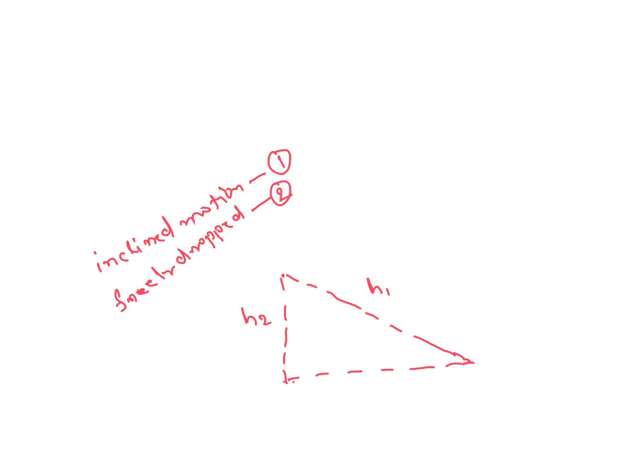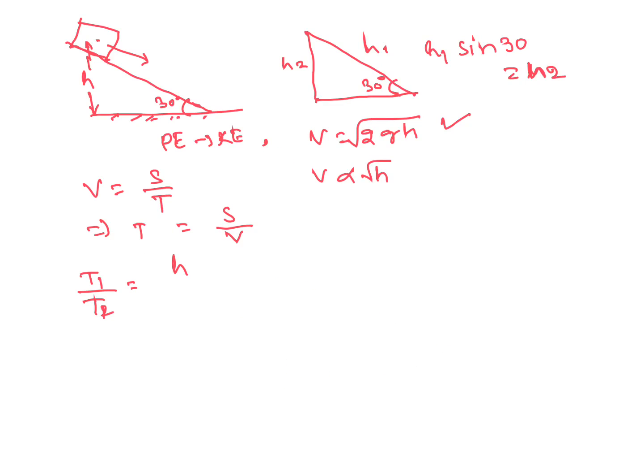In case of t1, it's distance h1 by velocity v1, divided by the freely falling distance h2 by v2. We know v depends on the vertical height. The vertical height is the same in both cases, so v1 and v2 cancel, leaving h1 by h2.